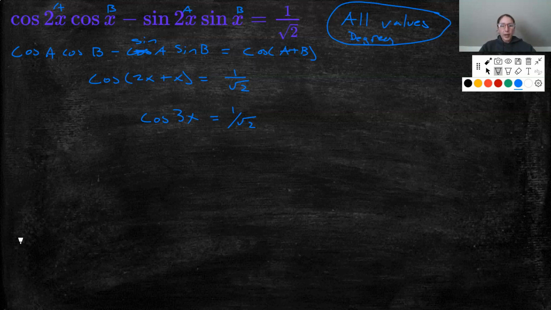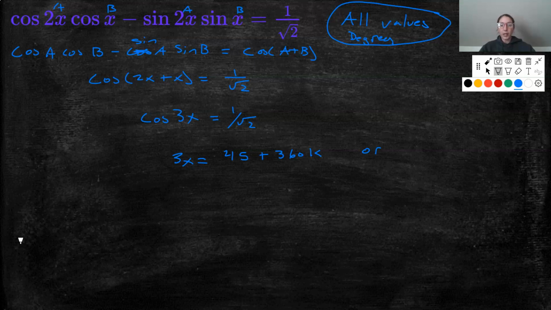So, where is cosine equal to positive 1 over root 2? Or again, also known as 2 over root 2. Well, 3x then is going to be equal to 45 degrees plus 360k, right? Because we're doing all values.